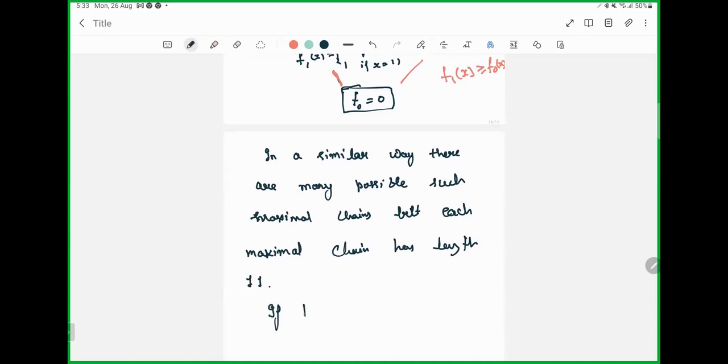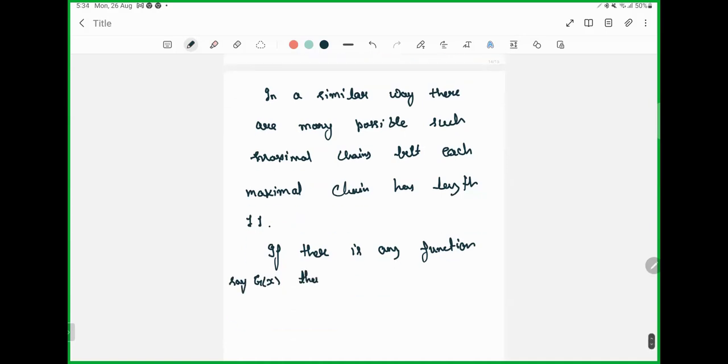If there is any function, say g(x), then g(x) will take value 1 at some points and 0 at other points.